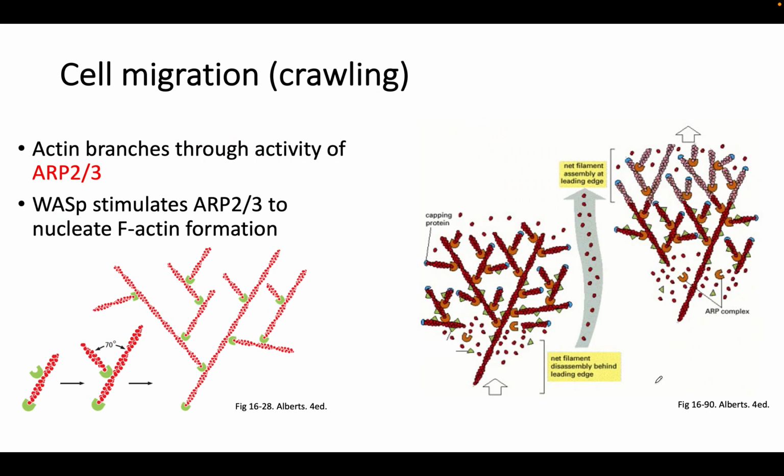So let's talk a little bit more about that, about the cell crawling. Now, instead of actin simply polymerizing in a straight line, it often branches to help the cell migrate. So let's look at the graphic first, and then we'll come back to the words. Cells are going to start out, let's look down here on the left side.